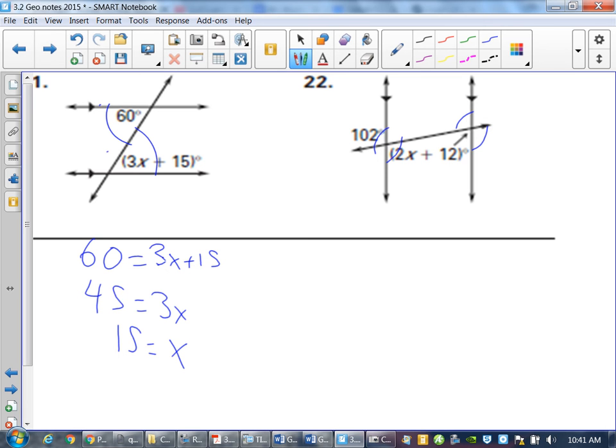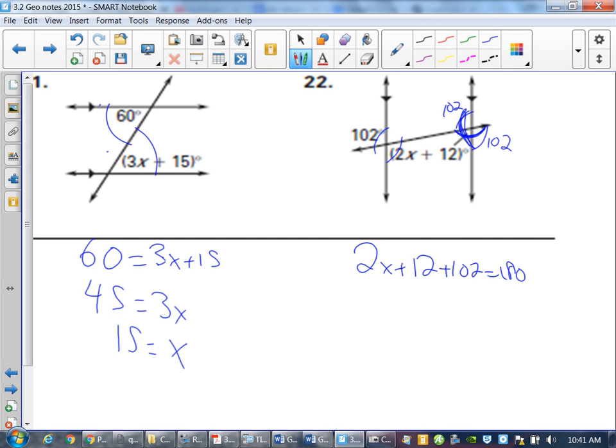Because here, if I put the 102 here, these two angles form a line. If I put the 102 here, these two angles form a line. It has to work that way. So you just write it out. 2x and 12 and 102 is 180.